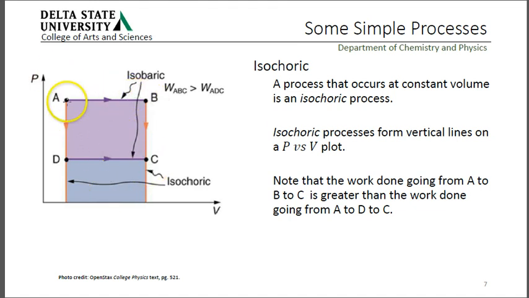So there's more work done going from A to B down to C than from A to D and over to C. It's easy to understand why. Here, you're at higher pressure, and so you do more work moving through the same change in volume at higher pressure than at lower pressure. It's like we have a force applied through a distance, and a smaller force applied through the same distance. The greater force does more work than the smaller force.